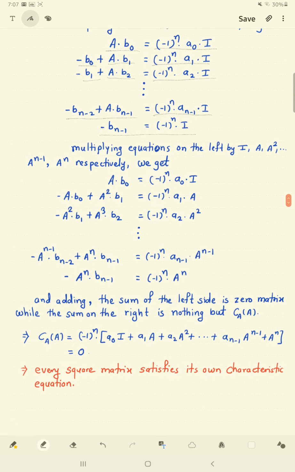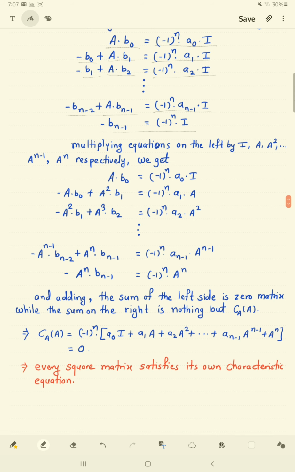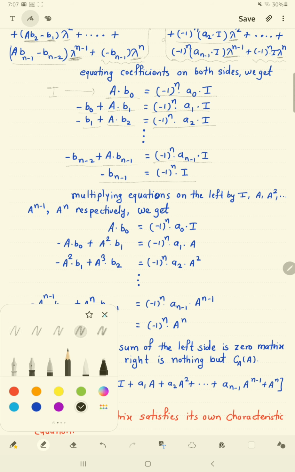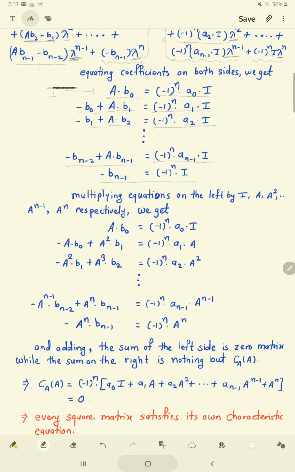Now I multiply these equations on the left by I, A, A square, up to A raised to n minus 1 and A raised to n respectively. I will multiply the first equation by I, second equation by A, third equation by A square respectively. Similarly, this equation by A raised to n minus 1 and this equation by A raised to n.